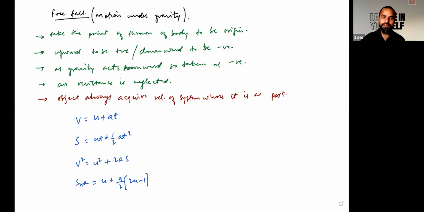In this condition, we transform these equations so that acceleration is minus g, and displacement is plus or minus h, depending upon whether our origin is taken positive or negative. In all the different cases this remains the same.